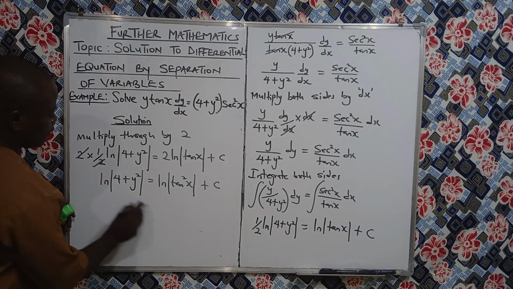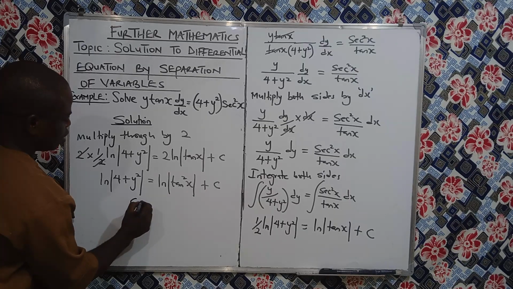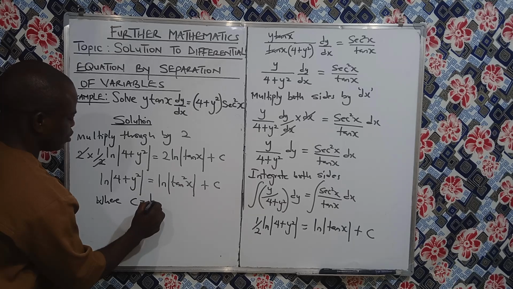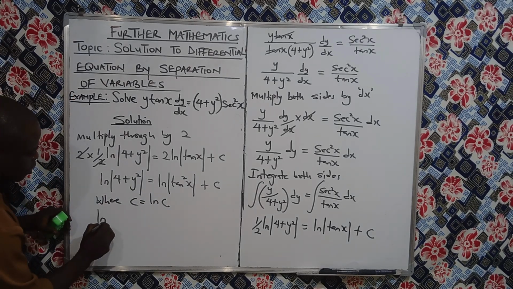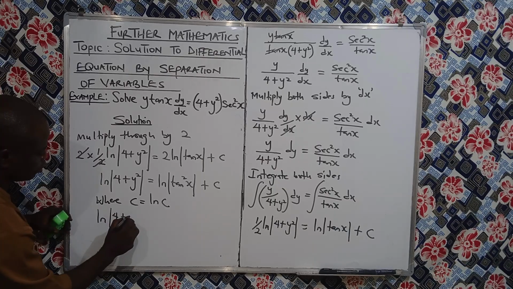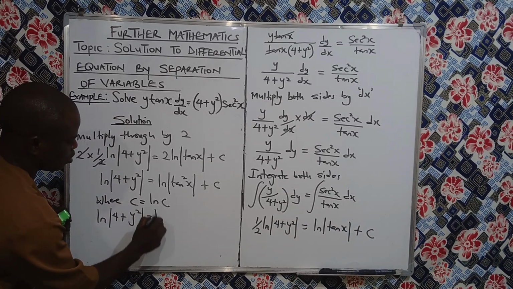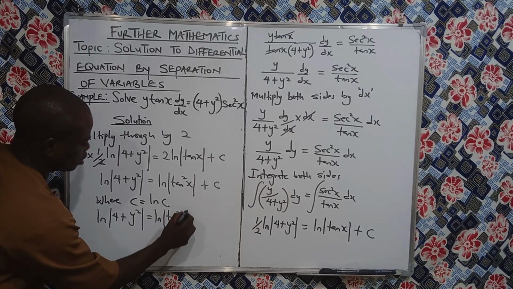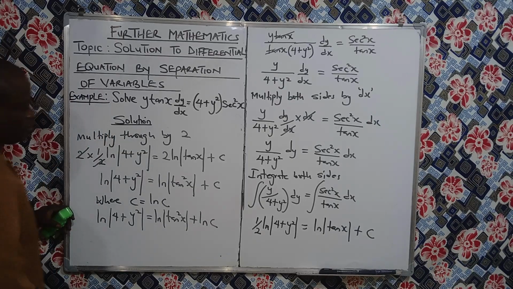Okay, now let our c be such that c equals lane c. Now lane 4 plus y squared equals lane of tan squared x plus lane c.